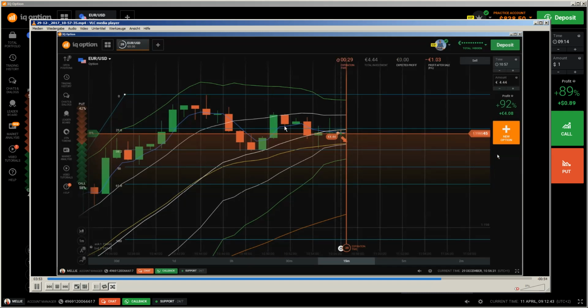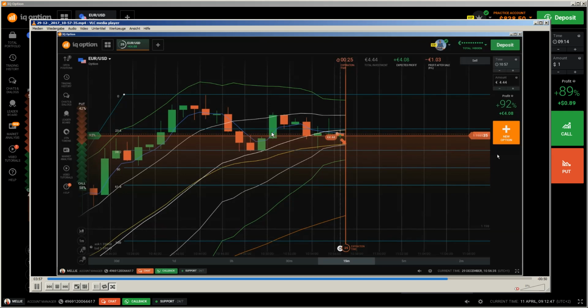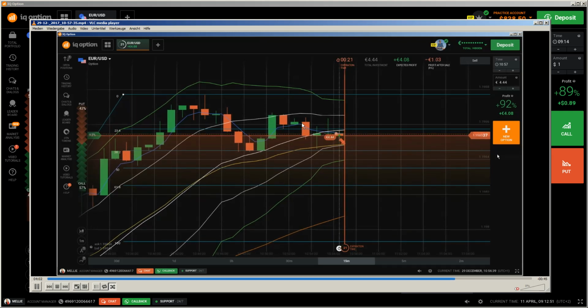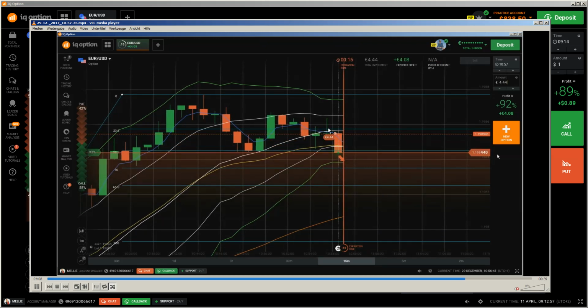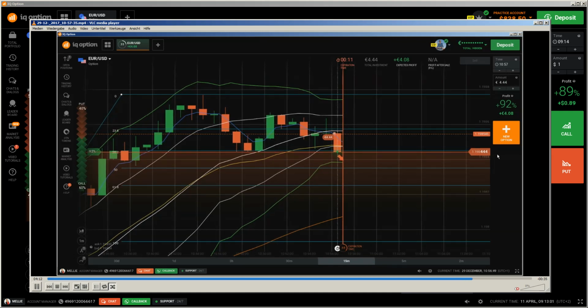You see this one rejected, and that is what it's all about. It breaks this support resistance area, then it got support, then it breaks the support area again, then it got resistance, and then again resistance, and at the end it goes down, and that is how you can trade such setups.